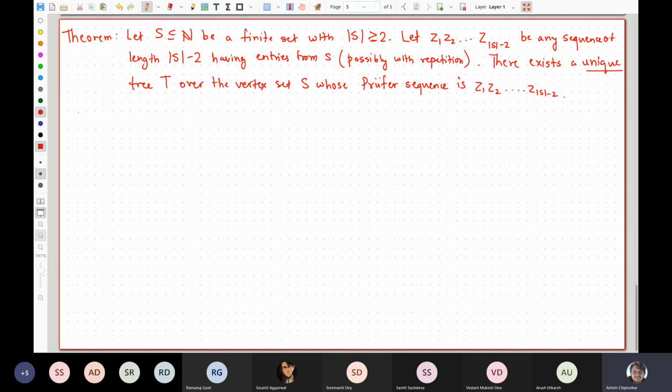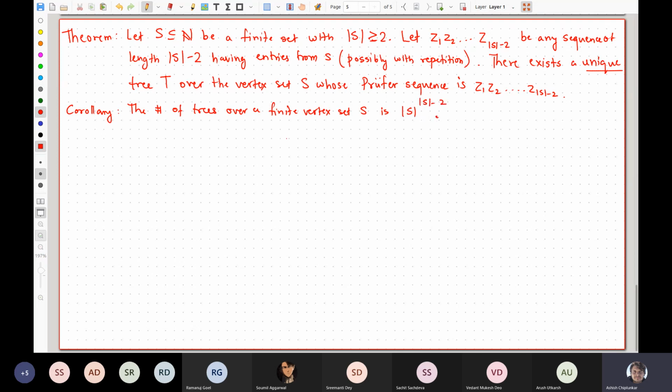So if we prove this theorem, then you have the corollary: the number of trees over a finite vertex set S is size of S to the power size of S minus 2.